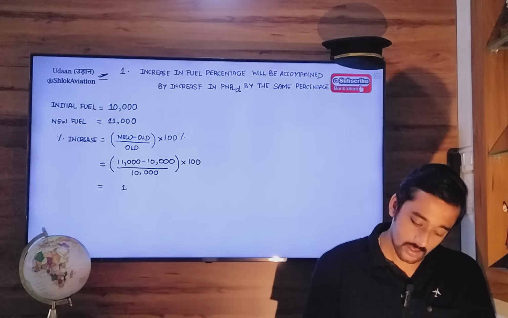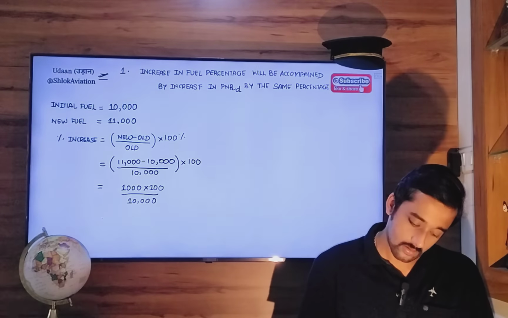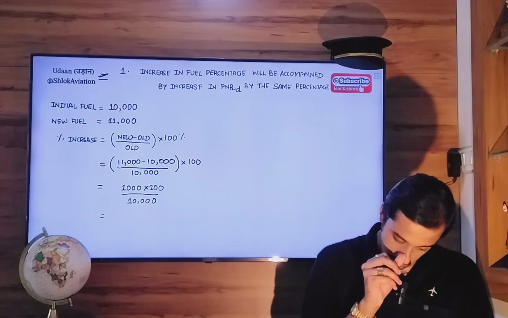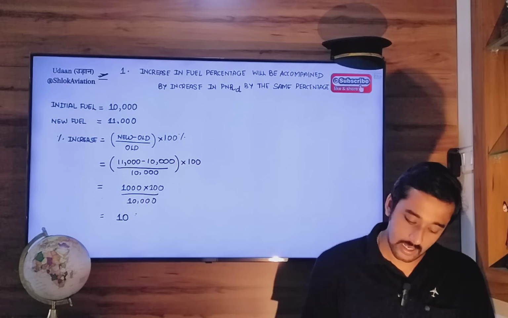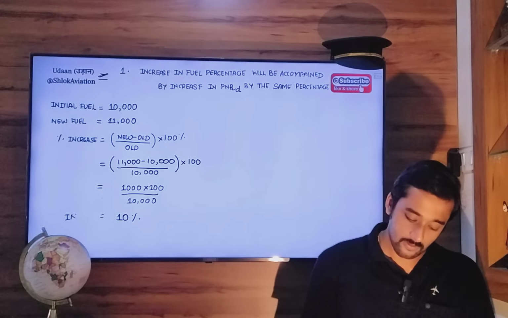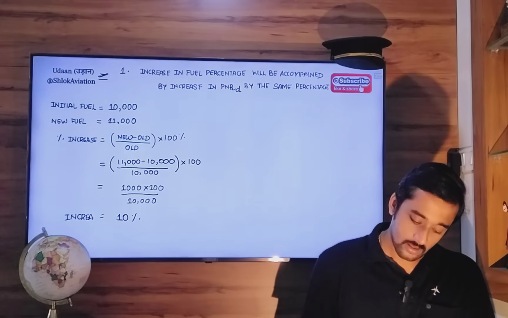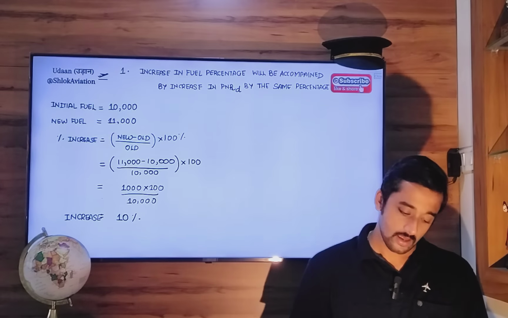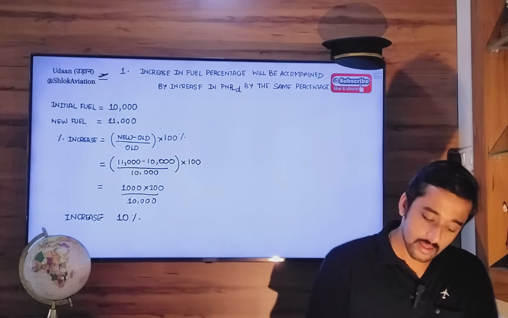So 1,000 into 100 divided by 10,000 is a 10% increase.